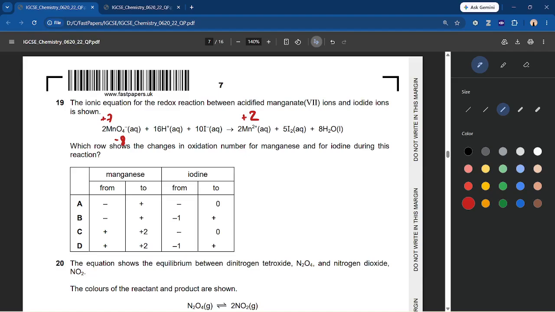So manganese never actually goes from negative, right? It's always been positive. So we can immediately cut these two out. And iodine doesn't go positive. It goes from -1 to 0. So we can also cut out this one because it's not positive. And so the answer is C. This is a very interesting question.